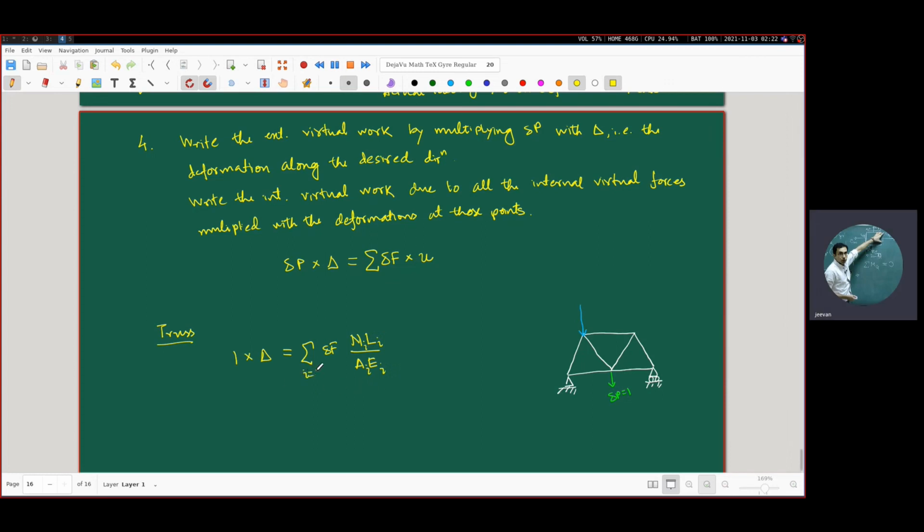So this summation is from 1 to n, where n is the number of members. So here the number of members is 1, 2, 3, 4, 5, 6, 7. Okay, so 7 members, so you have to do that thing. So your job is not very easy, but it is not that difficult also.